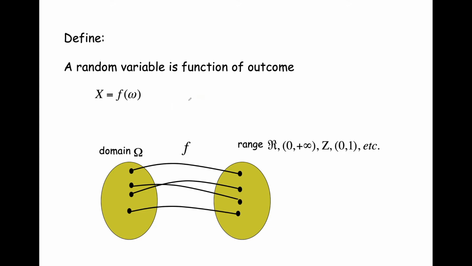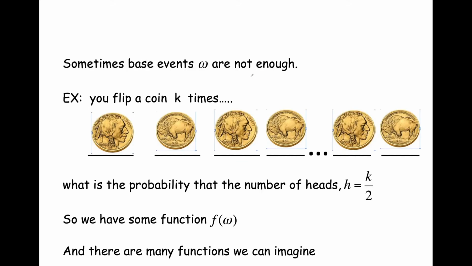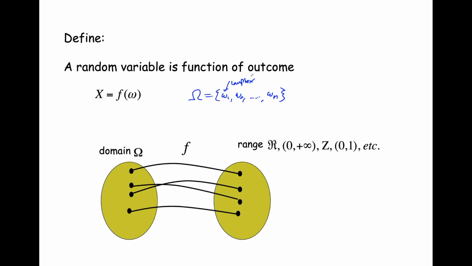So if we were to define our sample space omega, that's just some number of little omegas, omega 1, omega 2, and so forth, omega n, are the individual events. Now, these could be complex events, like a string of heads and tails, k long, representing the outcome of k flips of a coin. Or they could also be simple events, like the outcome of the roll of a single die.